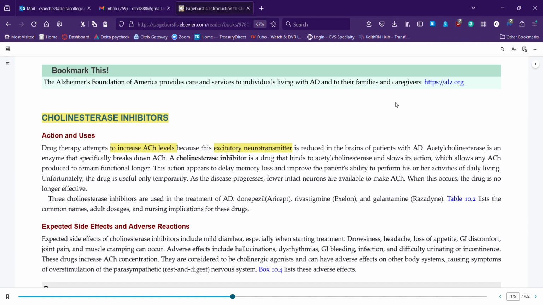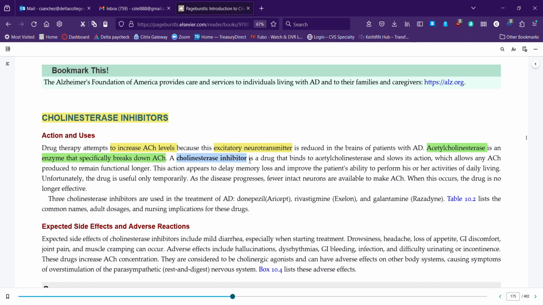So acetylcholinesterase is an enzyme that specifically breaks down acetylcholine. So we have acetylcholine, okay? That's the name of our neurotransmitter. And in that esterase, ACE, remember anything that ends in ACE means that it's an enzyme, okay? So this enzyme is what specifically breaks down the acetylcholine.